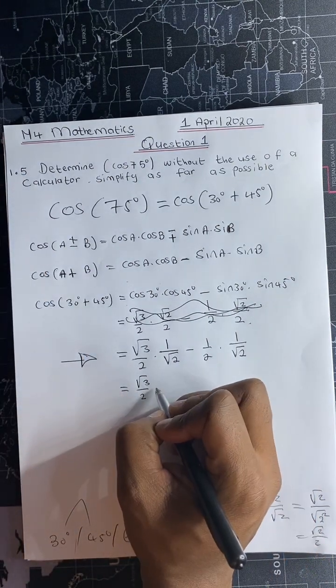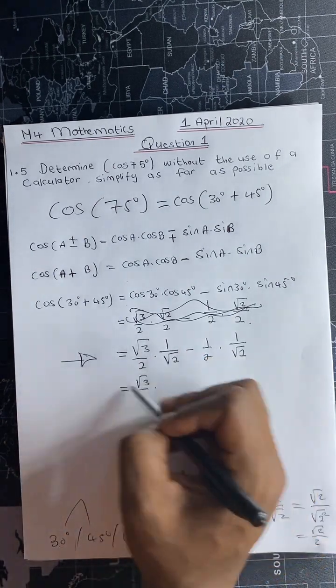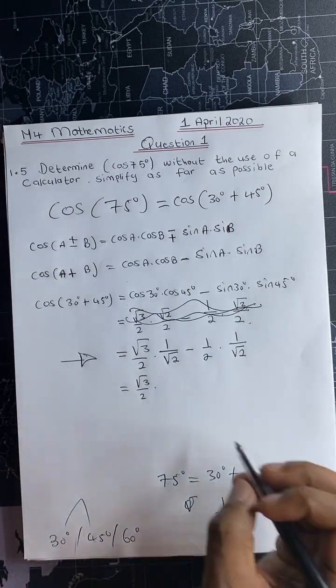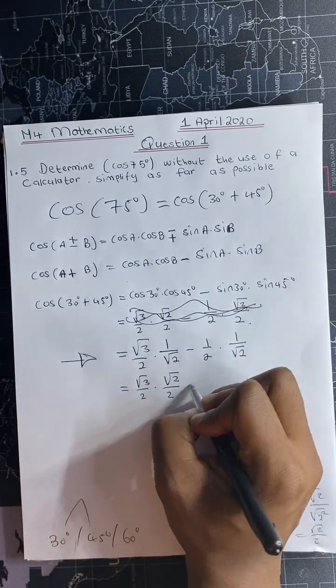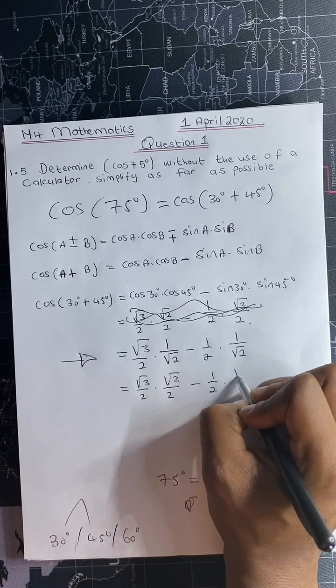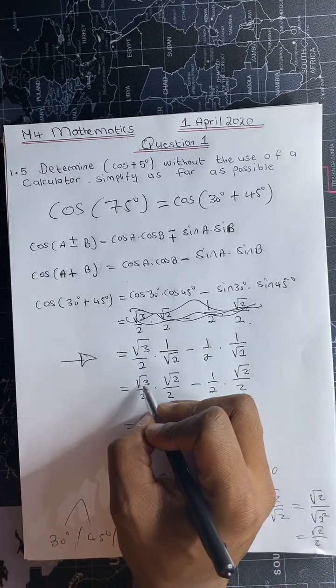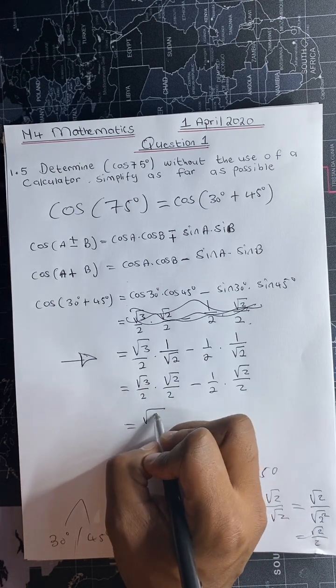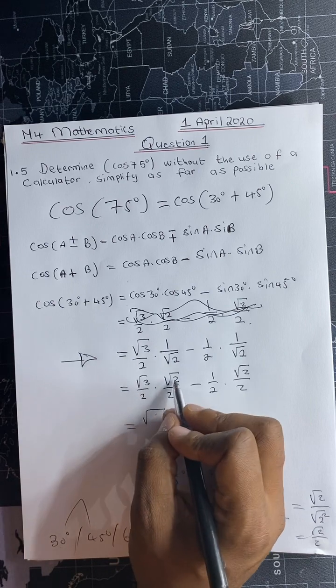So from here, after you write it this way, you have to come and rationalize it. After you rationalize it, that's where you'll write the square root of 2 over 2 minus 1 over 2 multiplied by the square root of 2 over 2. This will be the square root of 3 multiplied by the square root of 2, so we have the same square root, so they will multiply each other.